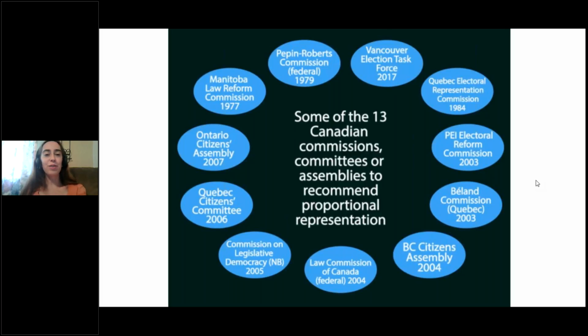But as soon as you put it to a committee or a commission that's outside of that, you can see that over and over again, proportional representation is recommended, and it's always the same 2 systems, mixed member proportional or single transferable vote, or some variation of the 2. So again, there's no lack of consensus around that either.